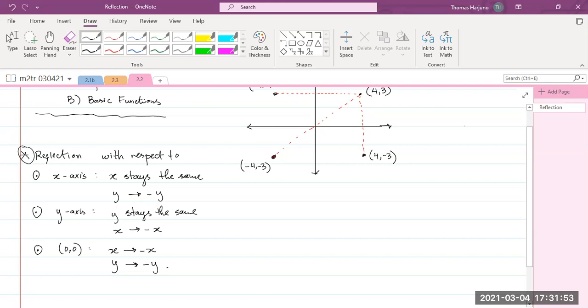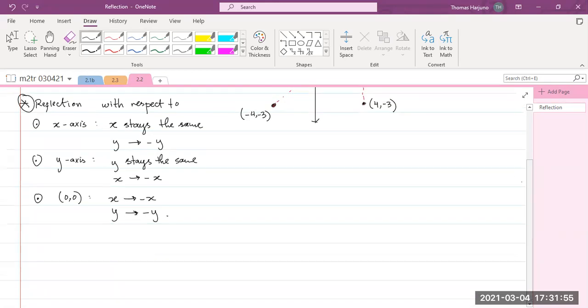So here's the thing. Suppose, for example, I have this line. For example, let line L be given by 2x plus 3y equals 5. Instead of reflecting a coordinate that we did earlier, we will now reflect a graph.